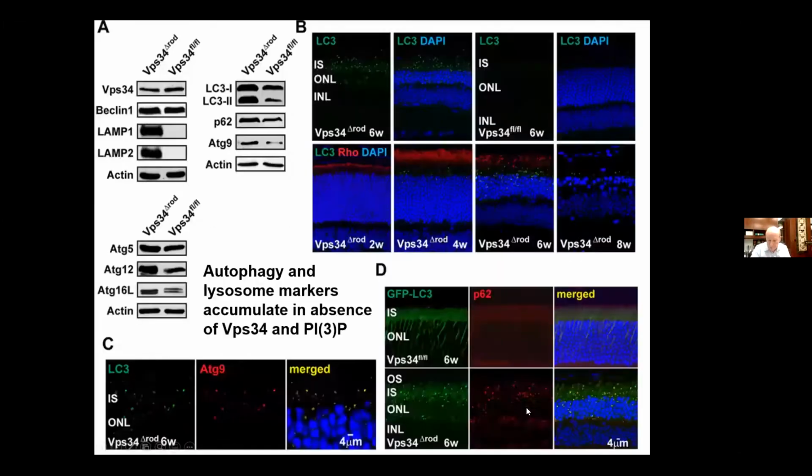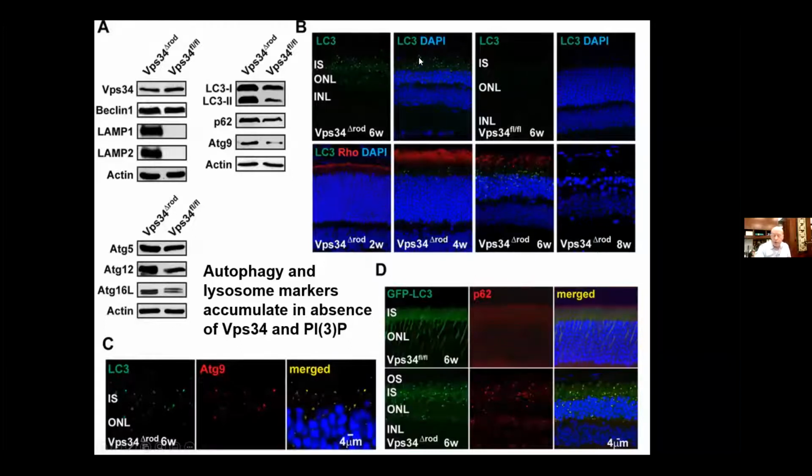And there's an accumulation of autophagy markers, including LC3-I, LC3-II, which is the form that's covalently modified with phosphatidylethanolamine, p62, ATG9, and so on. We can see this by Western blot. We can also see this by immunostaining, where we see the accumulation of LC3 puncta that are completely missing in the wild type mice, but we see lots of these puncta.